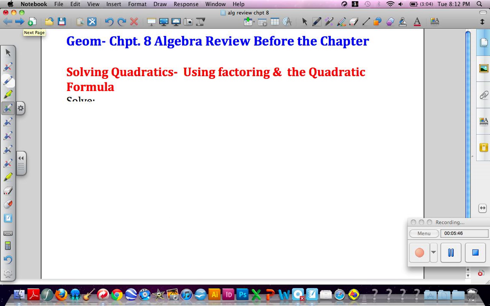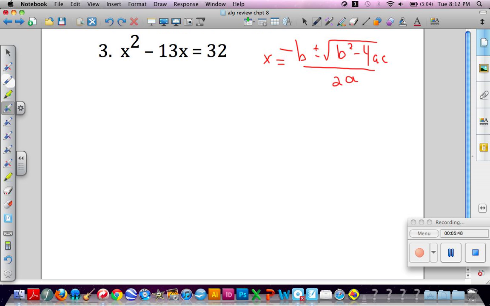In our next problem, number 3, we're given another quadratic equation. So the first thing I'm going to do is set it equal to 0.